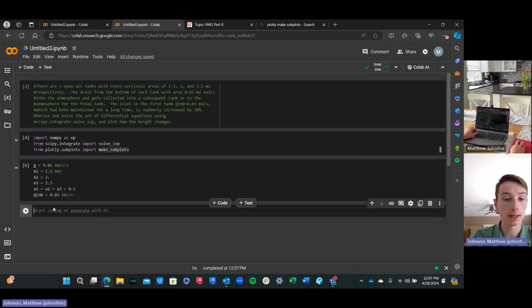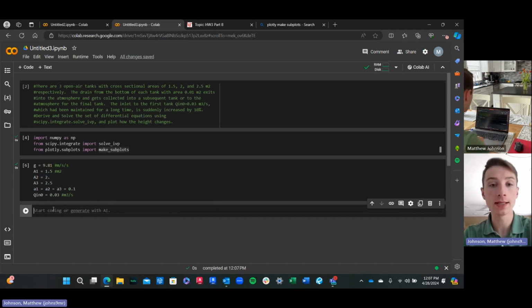Okay, so like I was saying, we need to write an expression here. We need to define what the initial height of the fluid in each of these tanks was. We're not given a specific height, but we do know that the system was in a steady state, and we can use that expression that we came up with for flow.